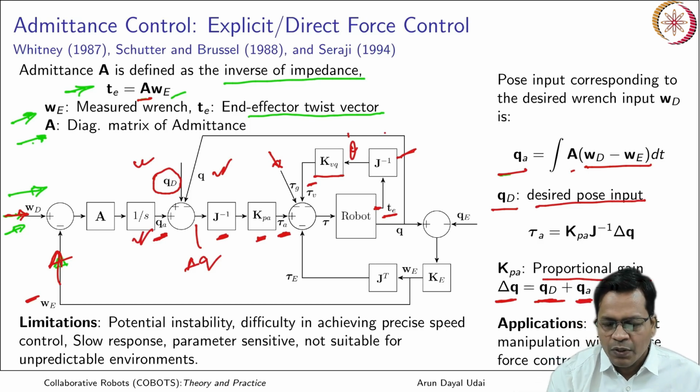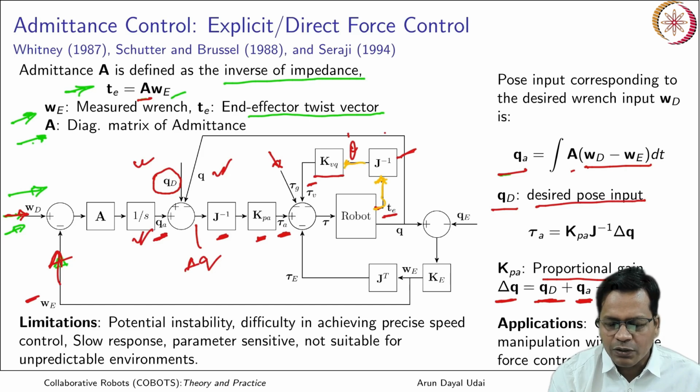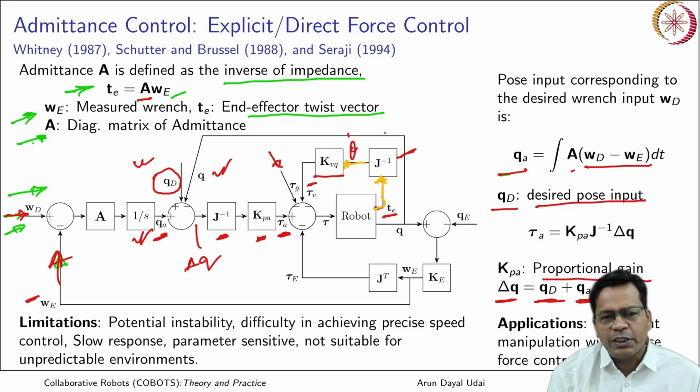This is realized only in case of simulation, so this loop is there for simulation only. In case of a real robot, you don't need to calculate the viscous or damping torque, because that is automatically there within the robot. So tau v is there only in case of simulation.